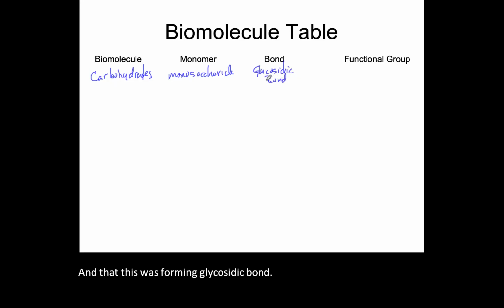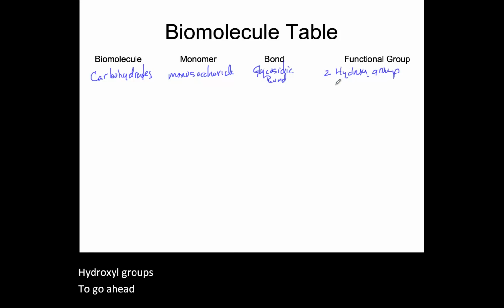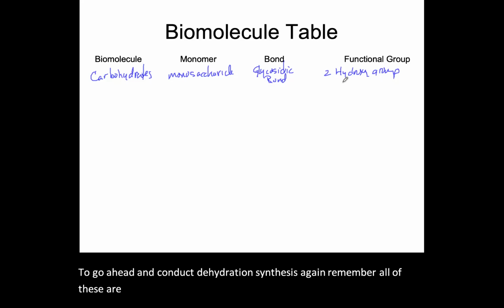When we talk about a glycosidic bond, we're referring to the use of 2 hydroxyl groups to conduct dehydration synthesis. Again, remember, all of these are utilizing dehydration synthesis.